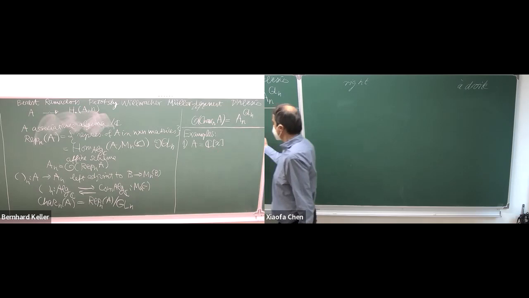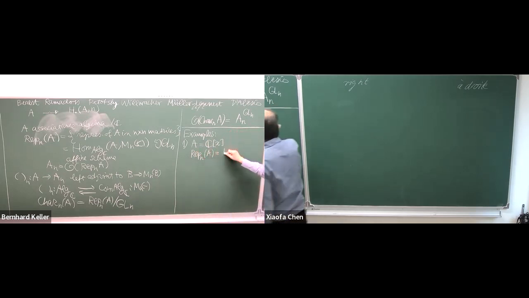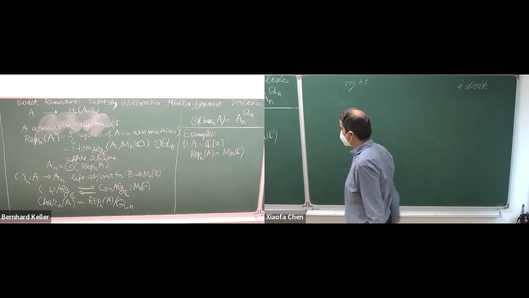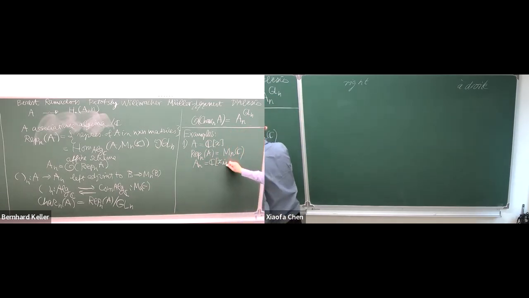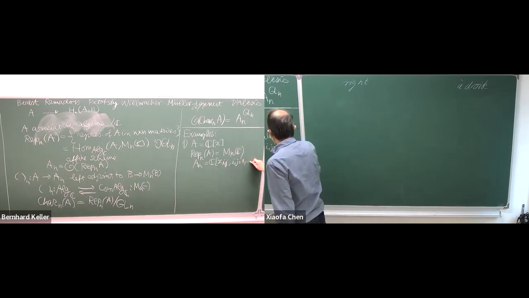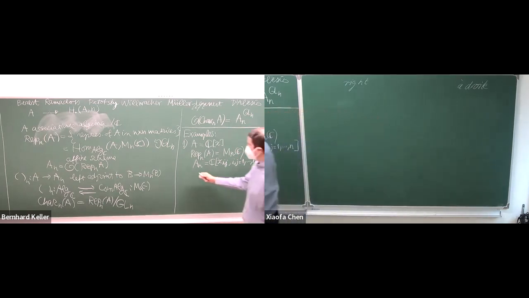And of course, to give a representation, it is enough to give the image of x, this unknown, which is an n by n matrix. So Rep_n will be n by n matrices, just an affine space, very simple. And again, the algebra of functions on it will be polynomial functions in the variables x_ij, the matrix entries, i, j from 1 to n.